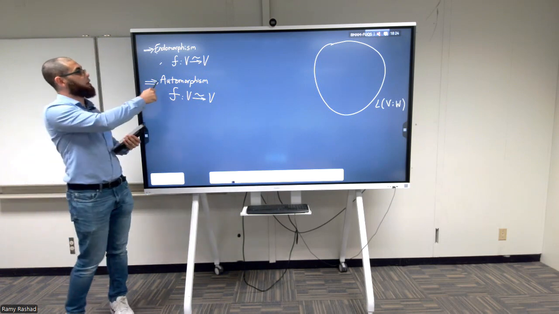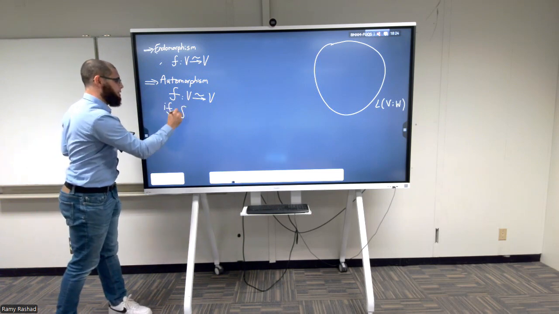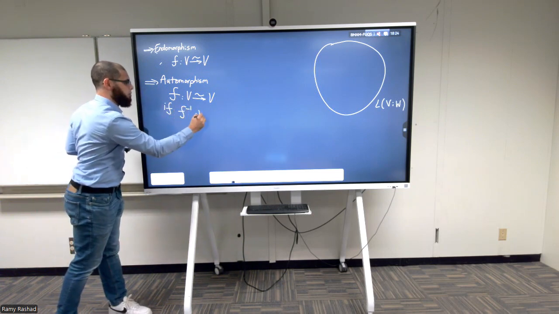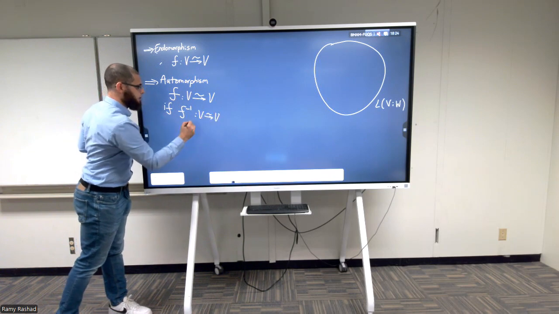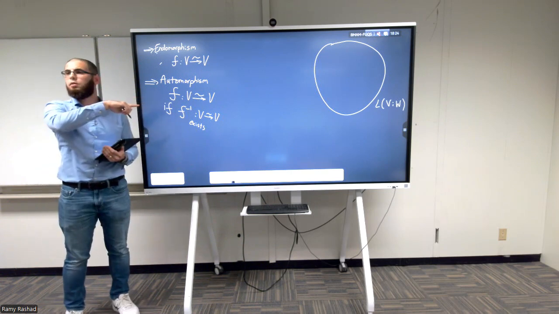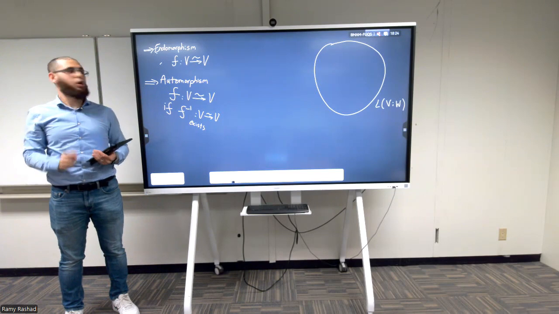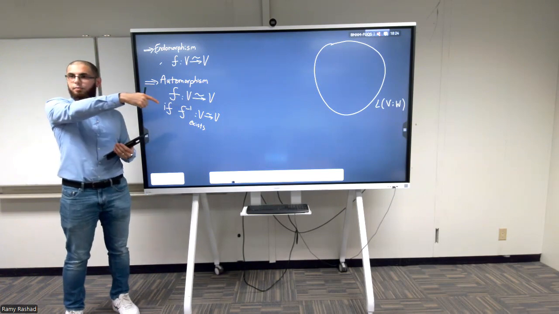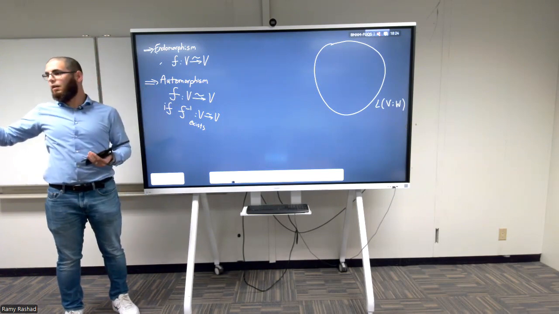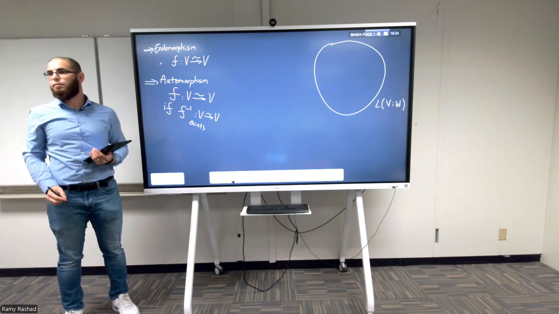We would call the map F an automorphism if F inverse is linear and also exists. In other words, we want F to be what? A bijection, exactly. So if F is a linear map, we can go from V to itself, and it's also a bijection, we call this an automorphism.